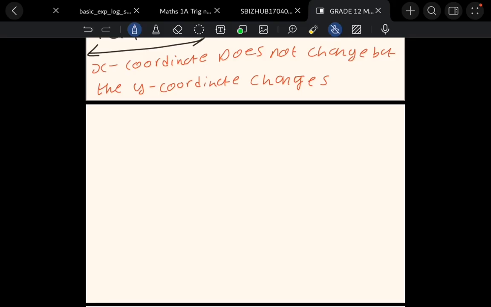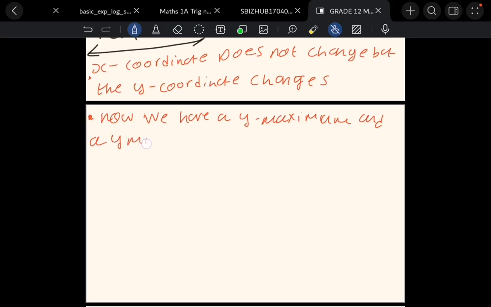Because the x-coordinate does not change, it means we have a y maximum and a y minimum.